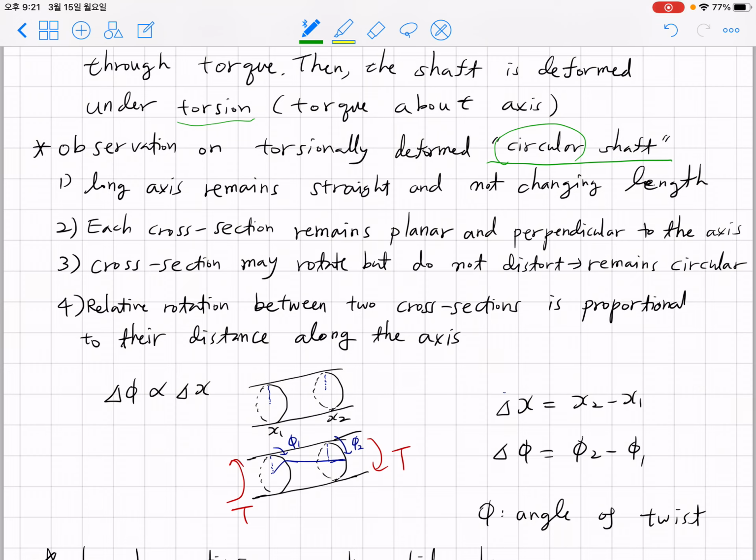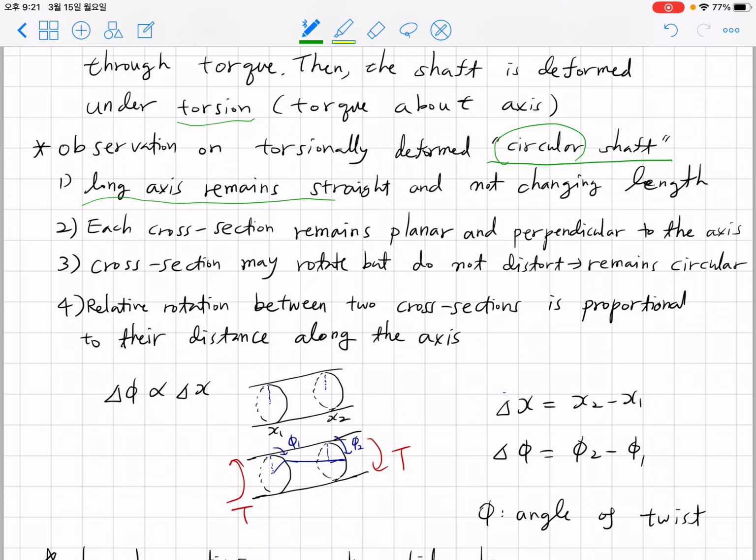Rigorous proof of these assumptions will be provided in a stress analysis course, a second solid mechanics course for undergraduates, or an advanced mechanics course in graduate school. The assumptions and observations on a torsionally deformed circular shaft are the following.